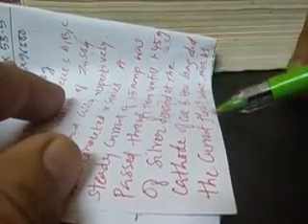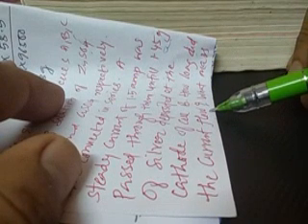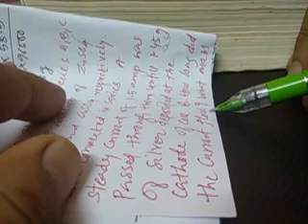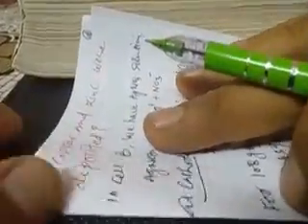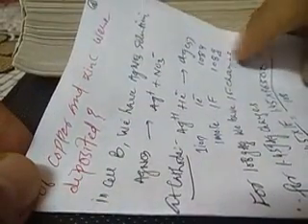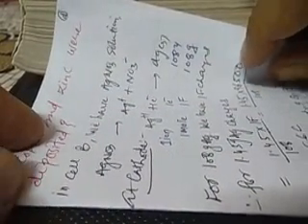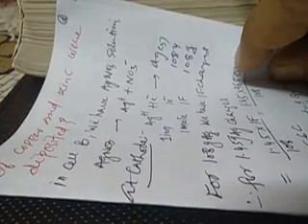How long did the current flow? We need to calculate the time for which this current has flowed, and what mass of copper and zinc were deposited. So let us try to solve this question.